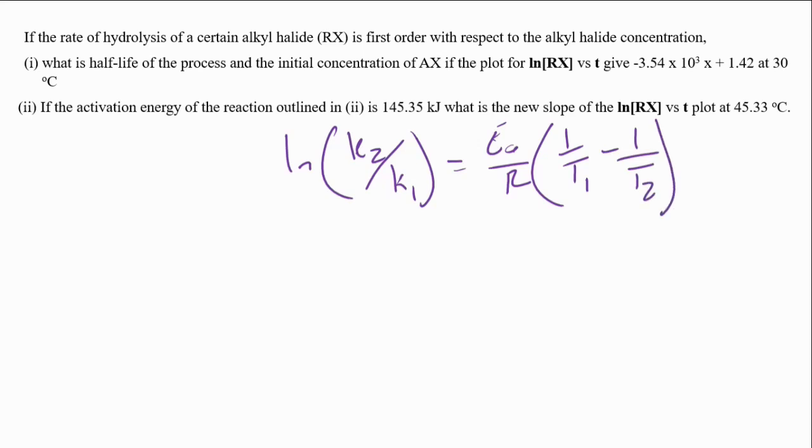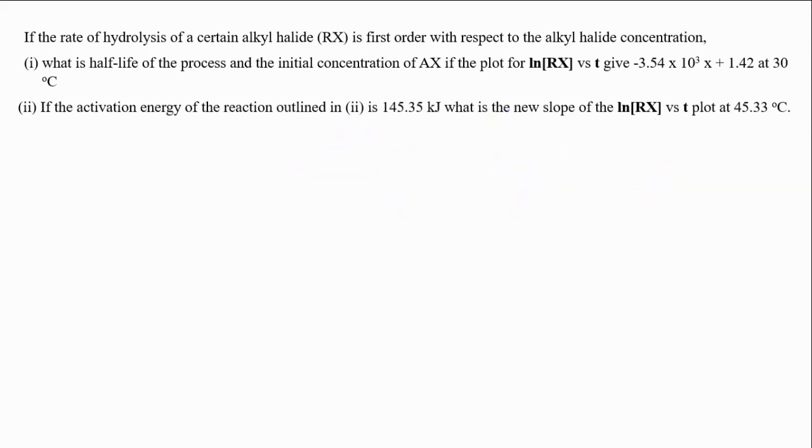If we know the two temperature values, the activation energy, and the universal gas constant, which is a constant, and we know one of the rate constants, then finding the unknown rate constant, k2, is not so difficult. Let us try to do that.